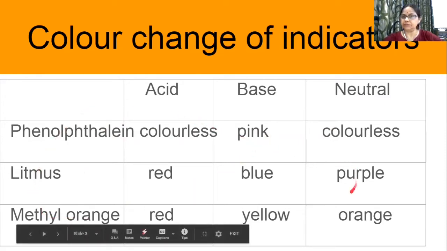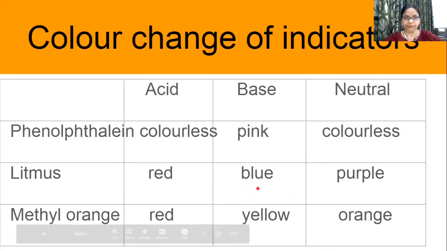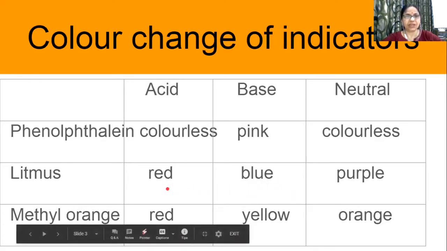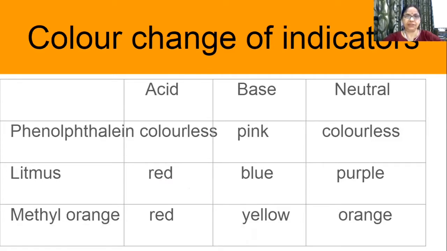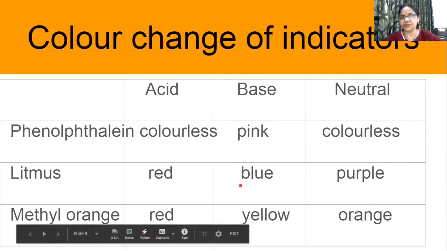Normal color of litmus in neutral is purple, while in acidic it is red, in base it is blue. In your previous classes you have studied that blue litmus changes to red in acidic medium. Red litmus changes to blue in basic medium. So this is the final color of litmus in acidic medium and in basic medium.